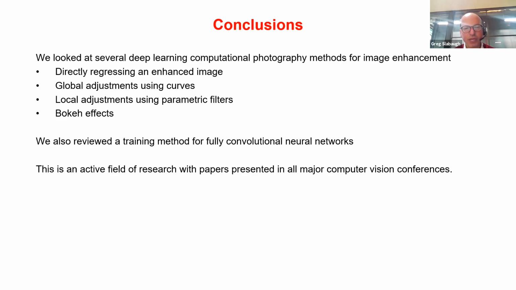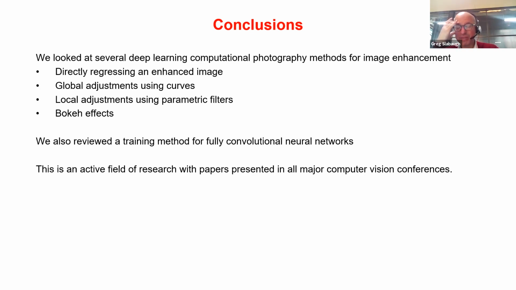And I touched briefly on this new training method we invented to focus on the harder patches for training fully convolutional neural networks. So I'll just wrap up by saying that computational photography is a really active research field, a super interesting place to be if you're interested in this kind of work. There are a lot of papers coming out, so it's almost hard to keep track of all of them.